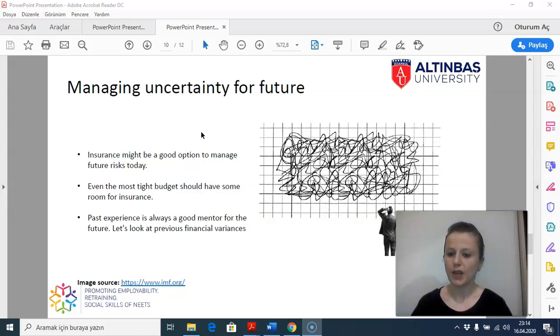So we need to manage these risks from today. We can have insurance, even though it sounds costly to most people, especially to the young generation. It is going to help us keep our financial position sustained over time.